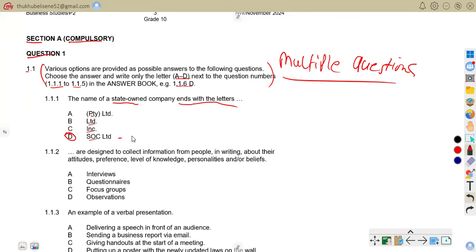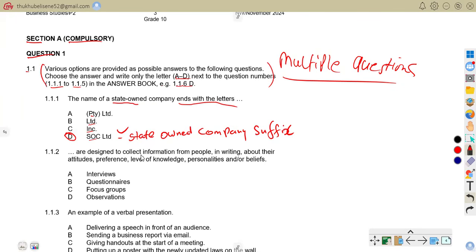Which means what? State-owned company suffix. So that is that. The examples that fall under this state-owned company that ends with letters like this, we can talk of Eskom, Transnet.